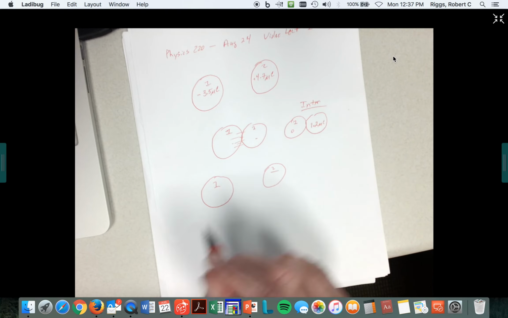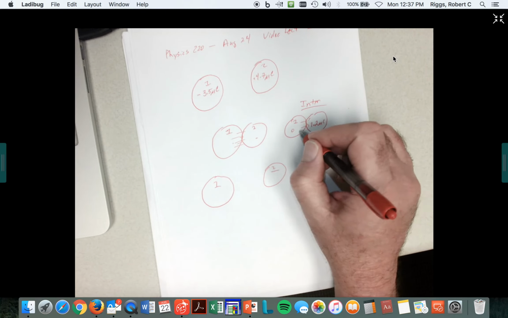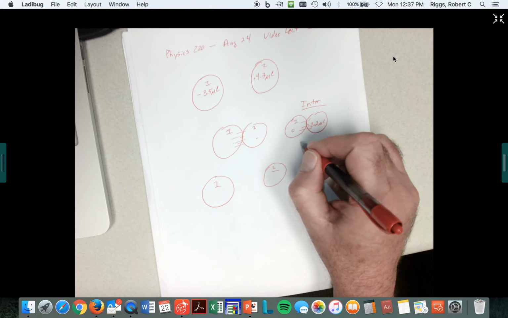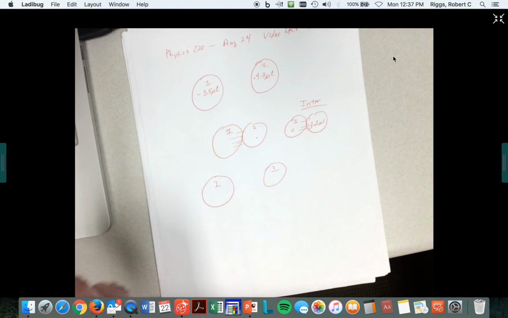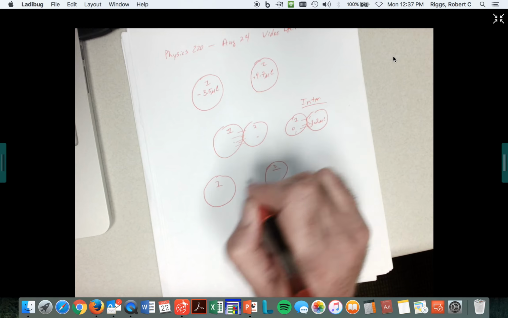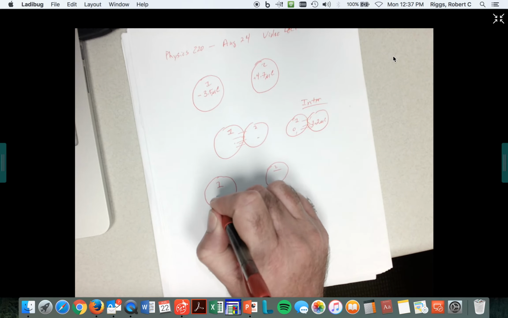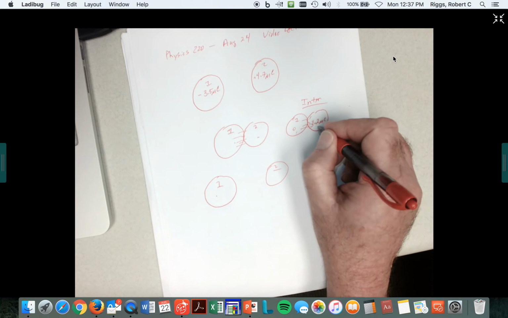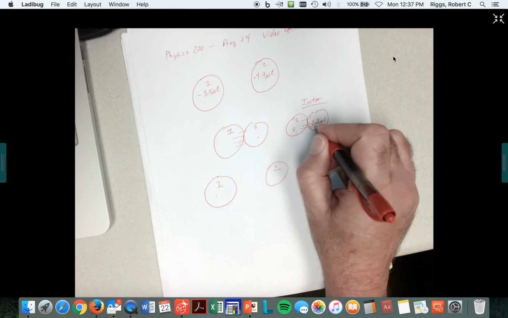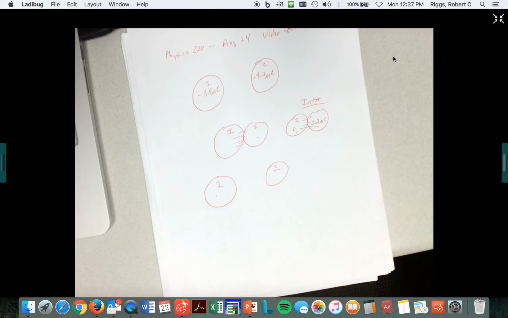Electrons move, so the electrons start flying over here again. But how many fly over? For every electron that flies over, this one starts to gain positive charge until they're both equal. If this has 1.2 positive charge, how many electrons are going to go over so that they both have the same amount of positive charge?